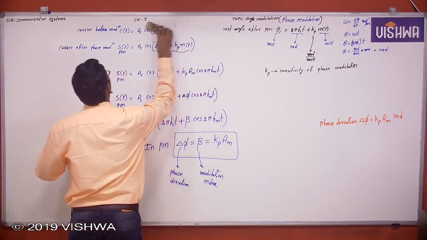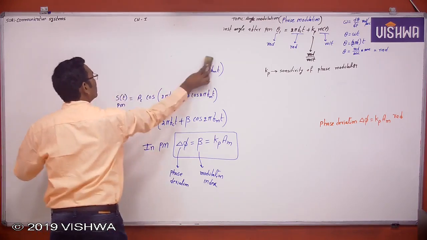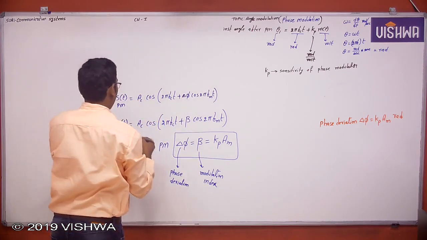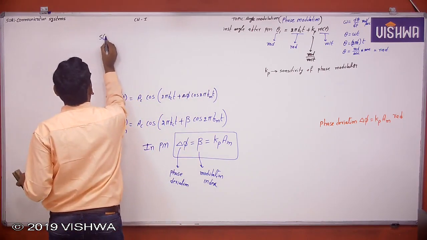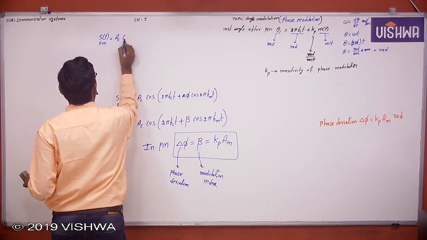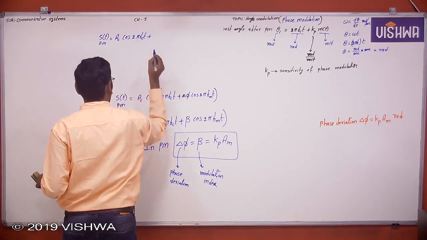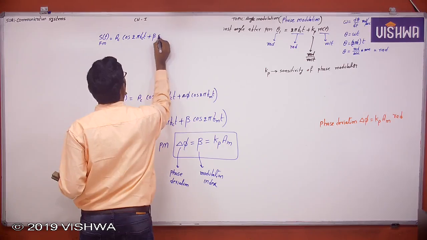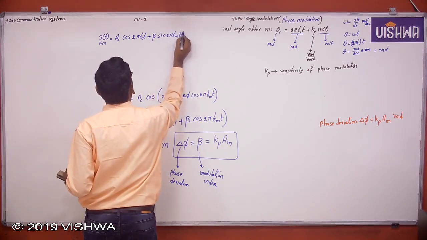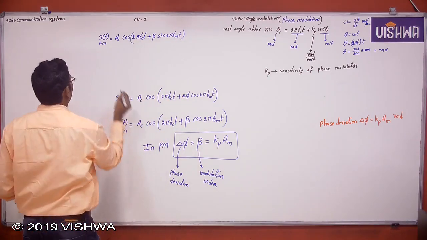Now you see here, S of t for FM is equal to Ac cos 2 pi fc t plus beta sine 2 pi fm t. This is the FM signal. Okay. Now what is the PM signal?